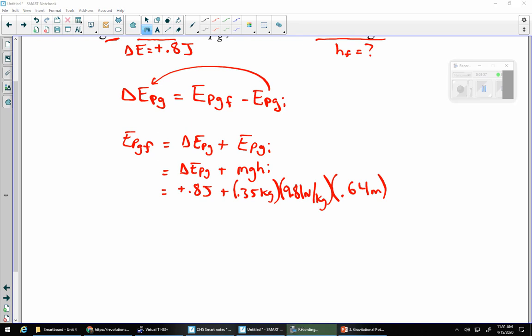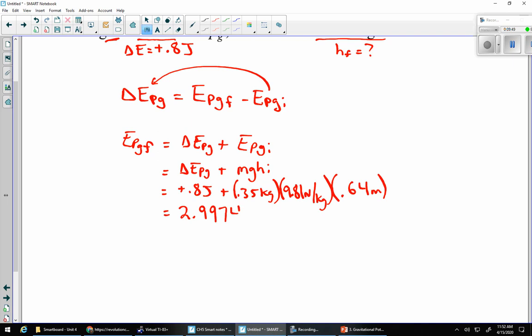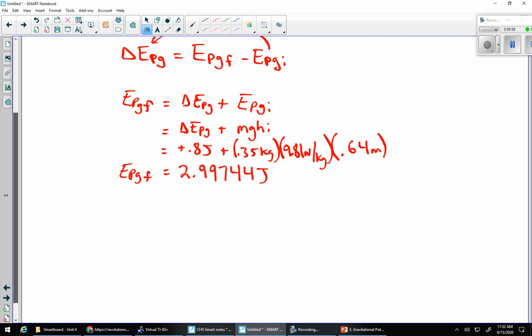So put your video on pause, plug the numbers in, and see what you end up with. I ended up with 2.99744 joules. And again, that is my final gravitational potential energy, EPGF, F for final.